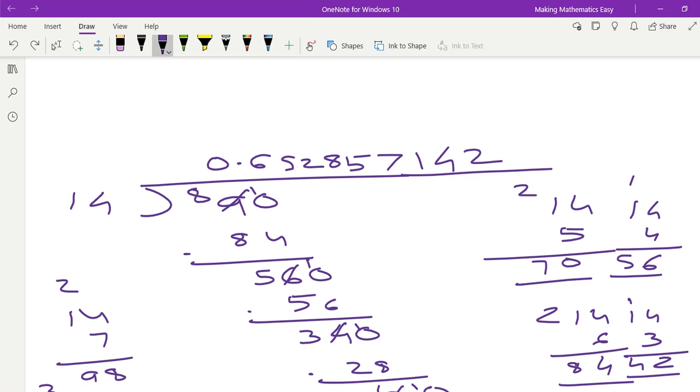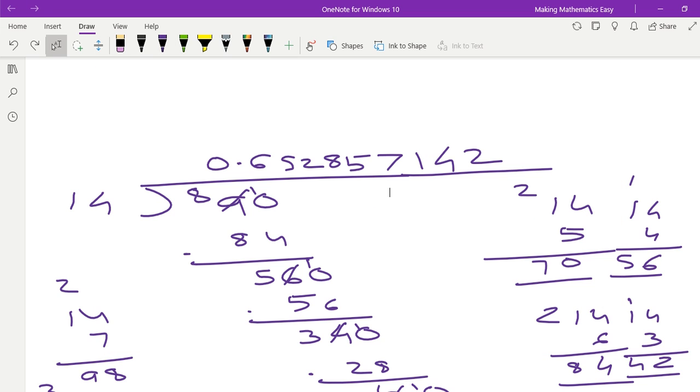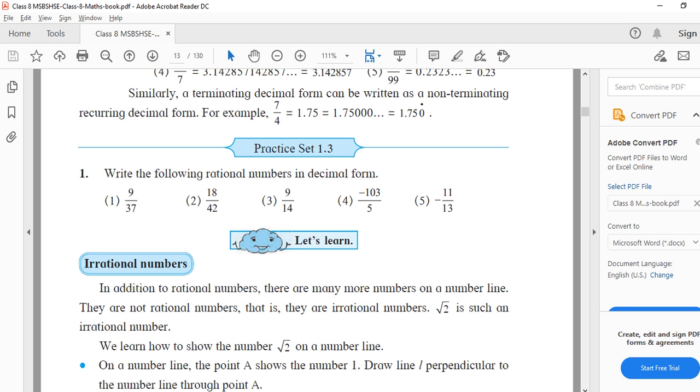Now let's move on to our next sum, which is minus 103 divided by 5, which looks a bit interesting.